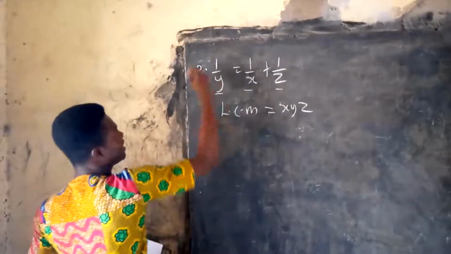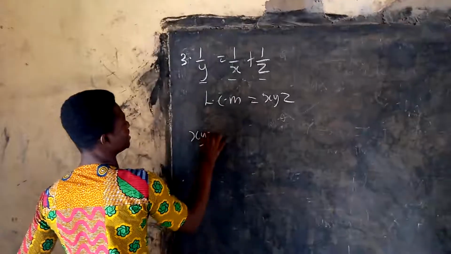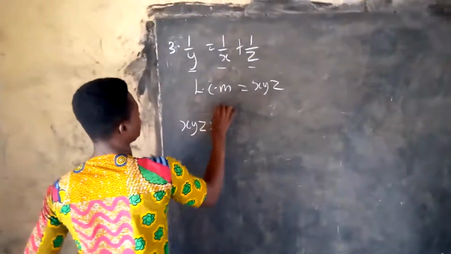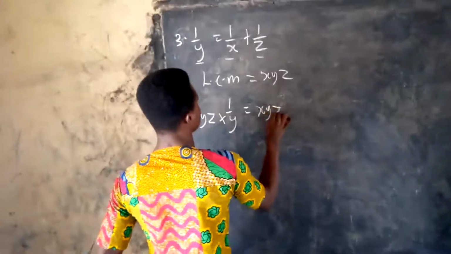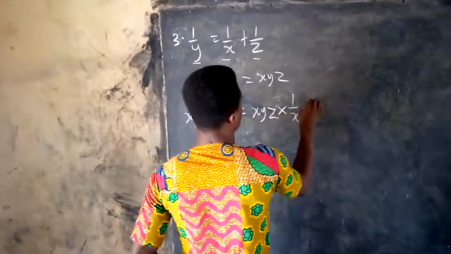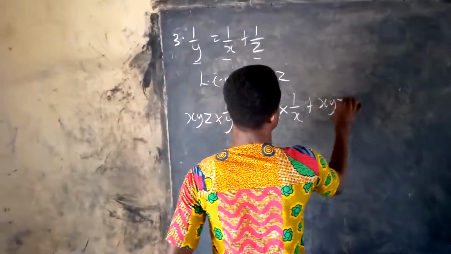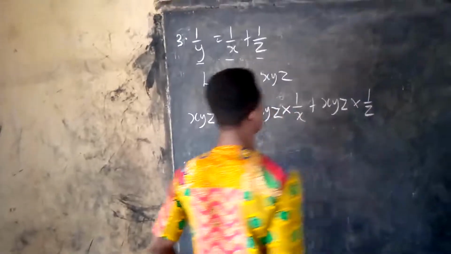So we multiply the equation by the LCM, and we have x, y, z times 1 over y is equal to x, y, z times 1 over x plus x, y, z times 1 over z.